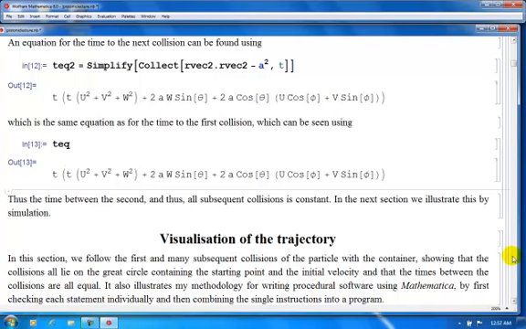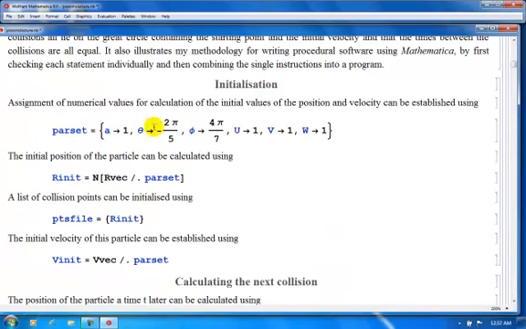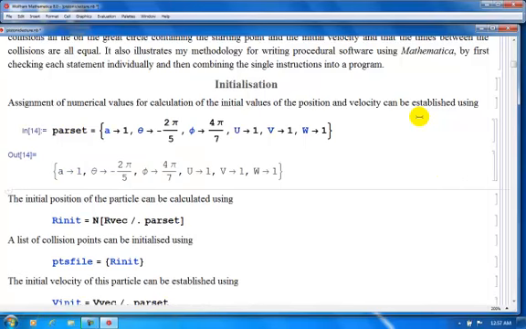So now let's see if we can visualize that. We need to take some values. We take the radius of the sphere to be 1 and the initial azimuthal angle to be minus 2 pi over 5, and the initial, did I say azimuthal? This is the polar angle and this is the azimuthal angle. And we take all three velocity components to be 1. So these are assignments which set numerical values of the parameters.